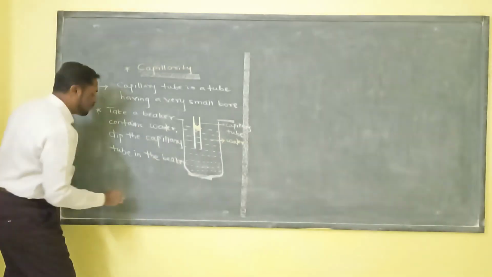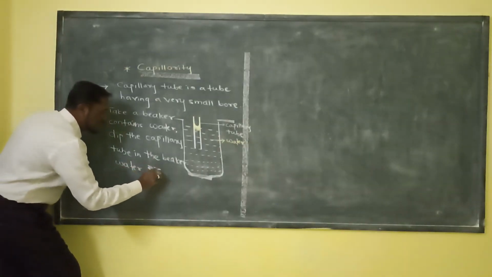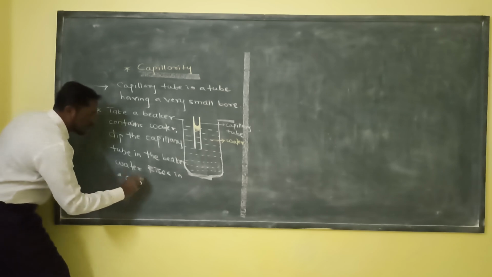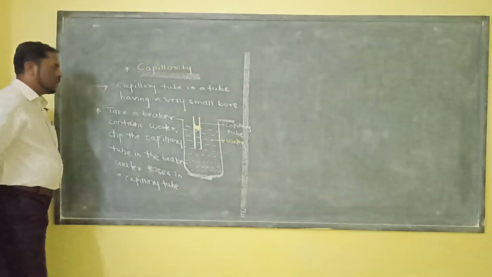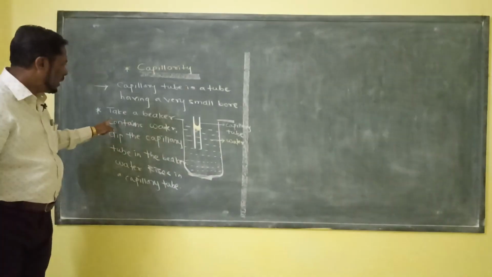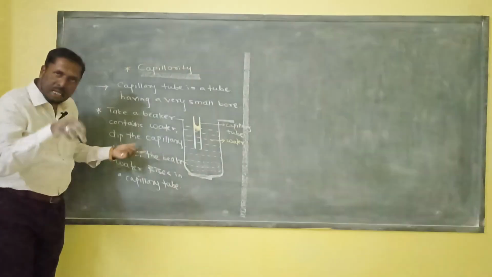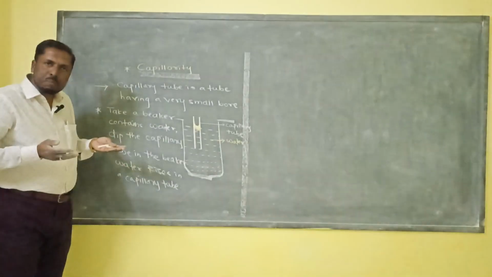Just as we have seen, what happens? Water rises in the capillary tube. Try to get the meaning of the sentence.